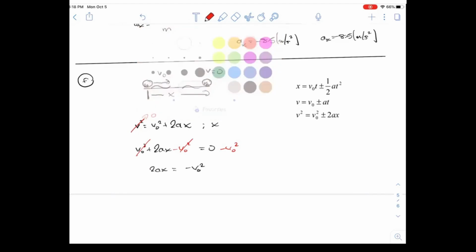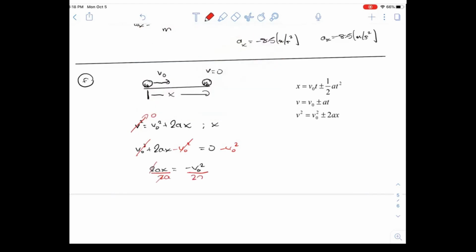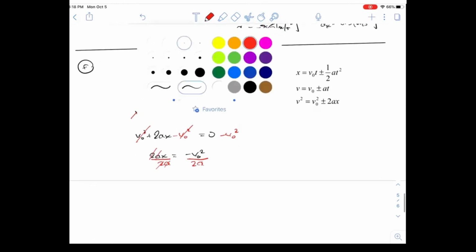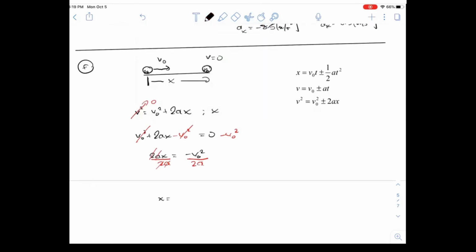And then get rid of 2. Get rid of a. A's will cancel. And that's it. Here's the final equation. All right, so we're just focusing on the car just for now.